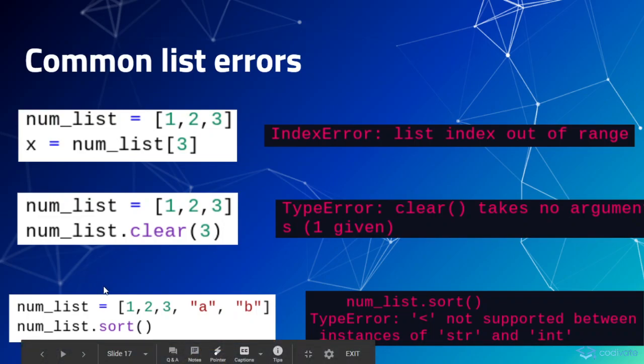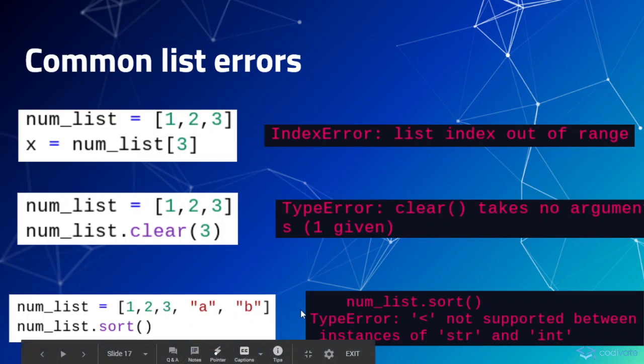Another method that could potentially face an error is the sort method. This would happen if we have both strings and integers inside a list, and we try to sort it. Since we don't know what comes first, do strings go first or do numbers go first?